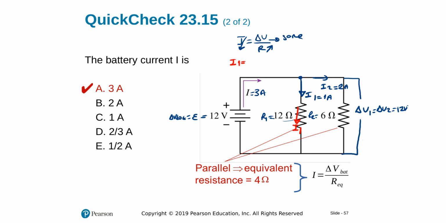I1 is equal to delta V1 over R1. 12 volt over 12 ohms equals 1 ampere. It should give me the same answer. And the same goes for I2, right? Delta V2 over R2, 2 ampere. So I can go both ways.